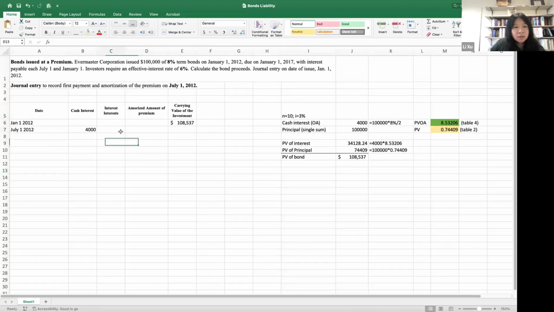So interest expense is equal to the carrying amount multiplied by the real interest. That's 3%. Just remember here is the beginning balance of the carrying amount. And this amortization really doesn't matter which value minus which value. It's very important that you make sure this number is positive. So always take the larger one minus the smaller one, so you can make sure you have a positive value here.